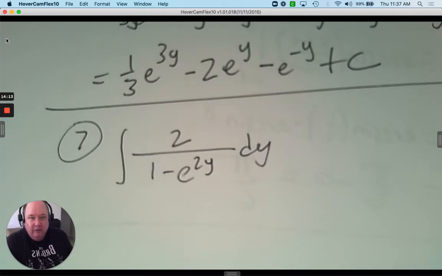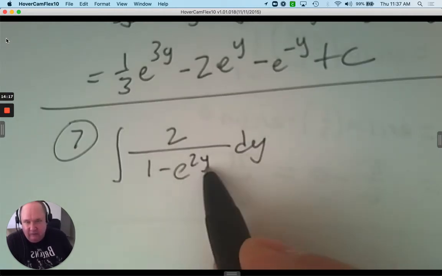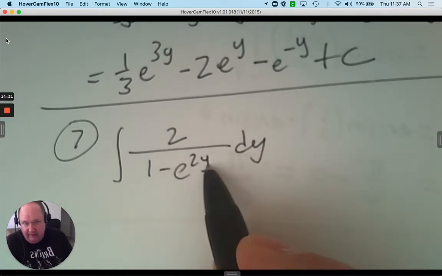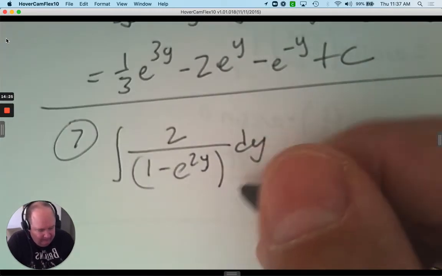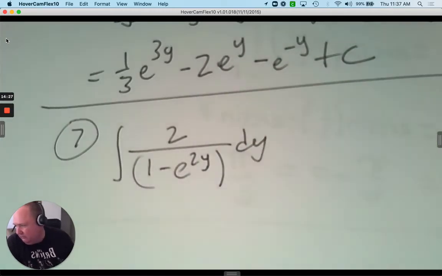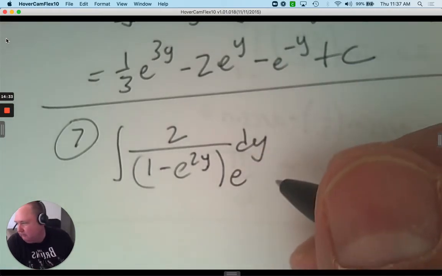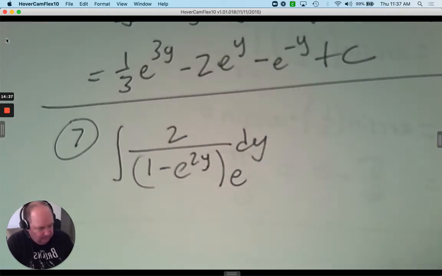All right. So the derivative of 1 subtract e to the 2y is negative e to the 2y times 2. So if I multiply by e to the negative 2y, top and bottom, here, let's write it this way.